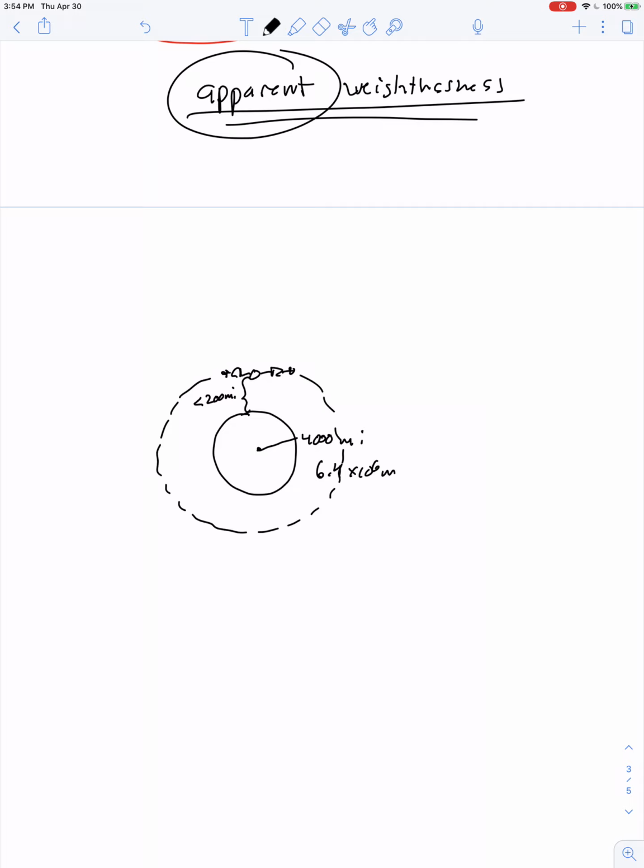So that would correspond to, let's see, we did 4,200 divided by 4,000, so we can take a ratio of the orbital radius, lowercase r, to the planetary radius, capital R, and that's equal to a factor of 1.05, which means the gravitational field strength for the ISS in orbit would be less than the gravitational field at the surface.